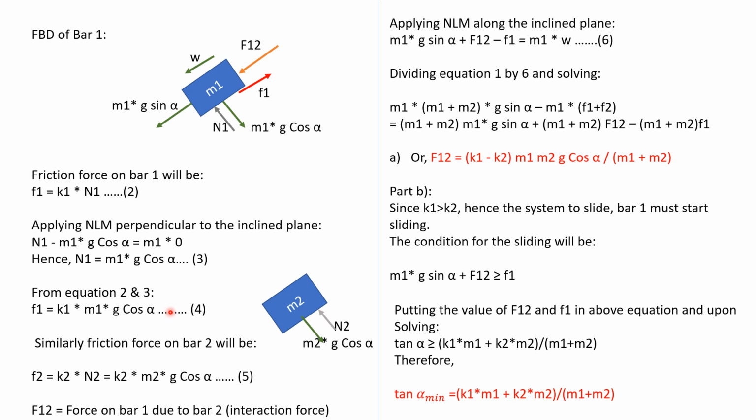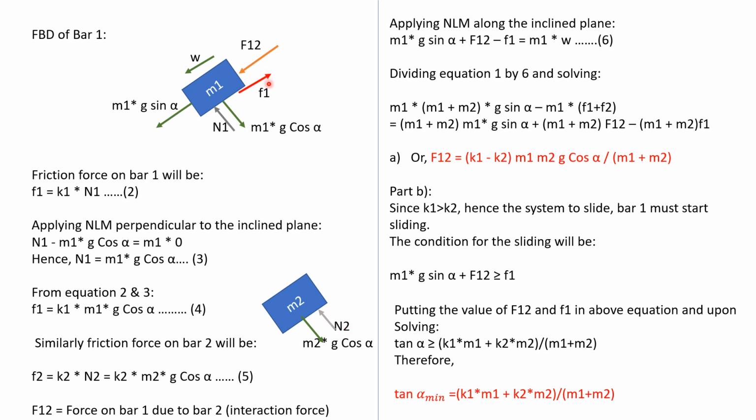Similarly, we can take mass 2. Perpendicular to the inclined plane, the gravitational force will be m2 g cos alpha, and that will be counterbalanced by N2. So there is no acceleration in this direction, and N2 will be equal to m2 g cos alpha.